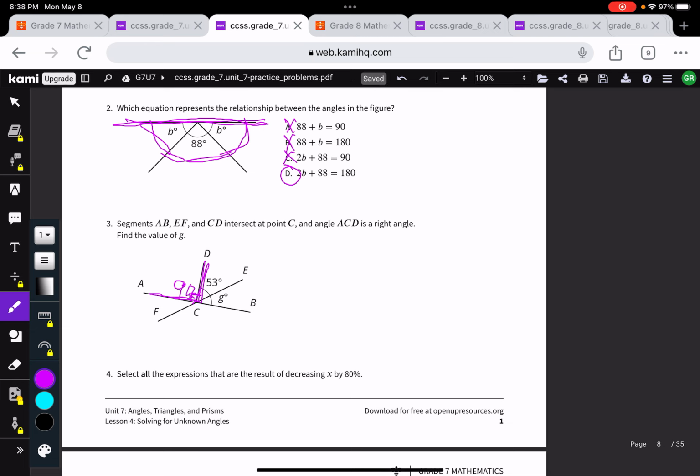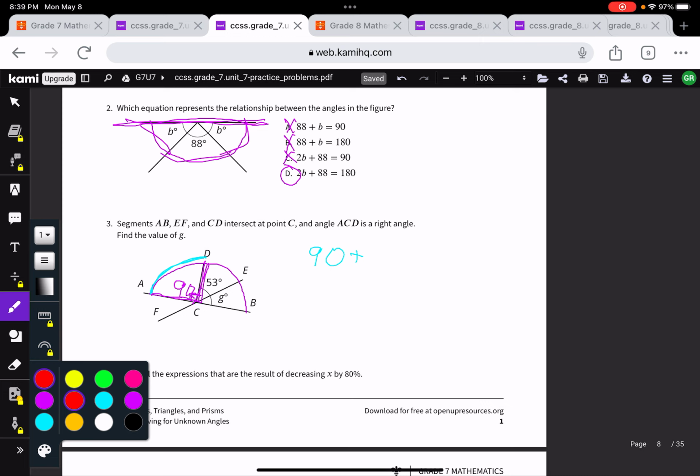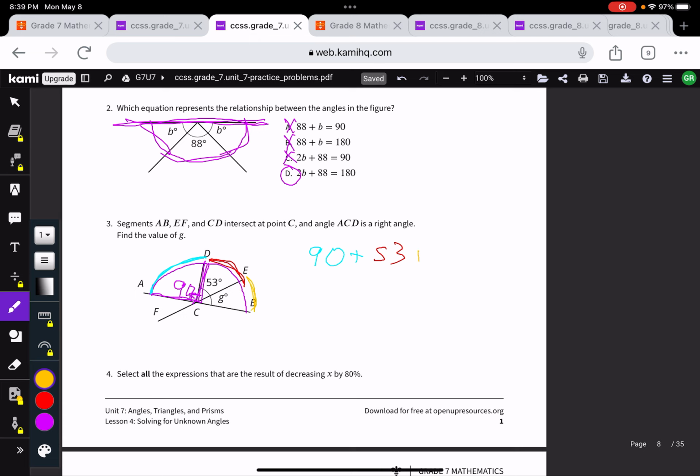Find the value of G. Well, hopefully you're looking closely and you're noticing from here all the way to here is 180, which means, let's call this blue, that's 90 plus the 53 plus G. We don't know what it is, but we know it's all going to equal 180 degrees.